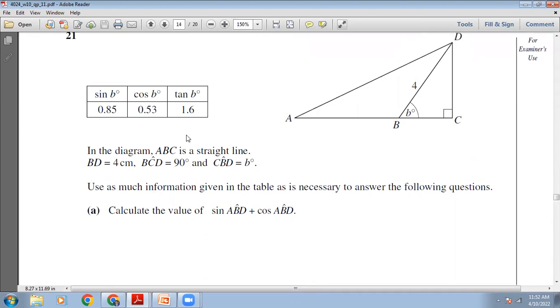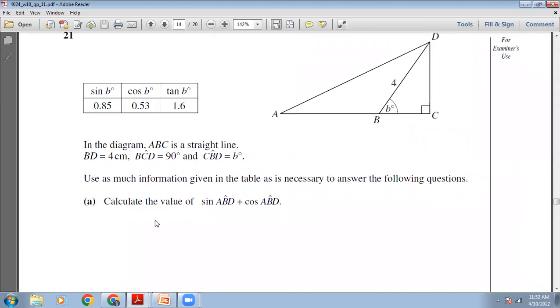Calculate the value of the sine ABD plus cos ABD. They are talking about this angle, ABD. You remember the sine of this angle will be equals to the sine of this angle, because these two are supplementary to each other. So whatever is the sine of this angle, same is the sine of this angle.